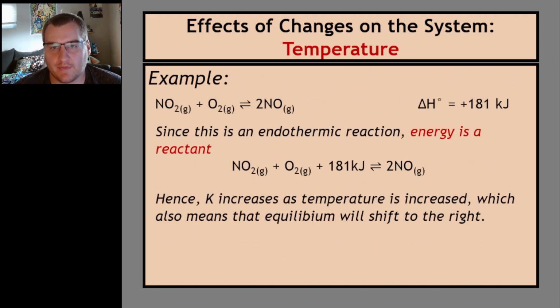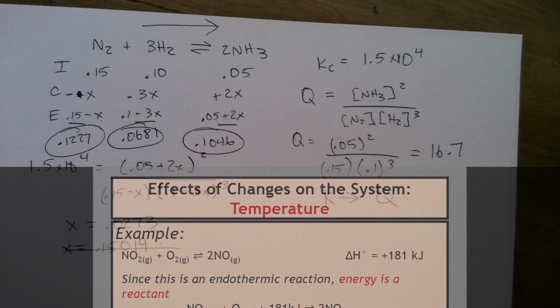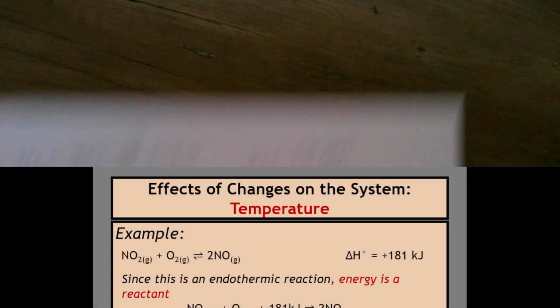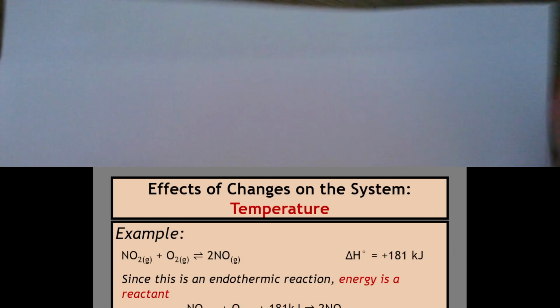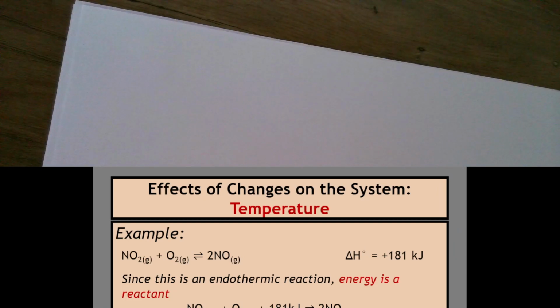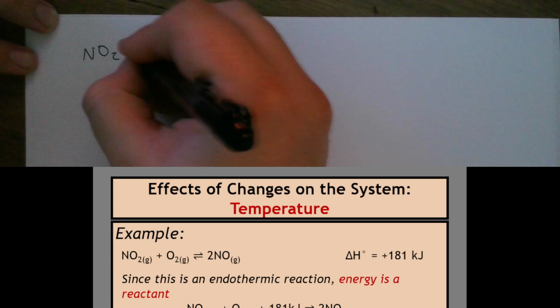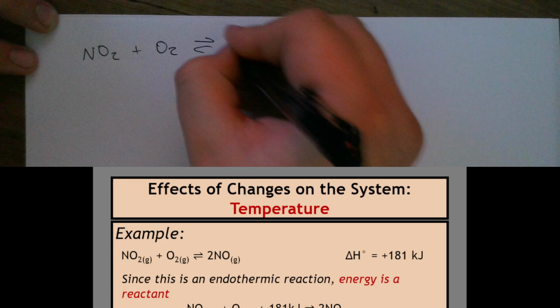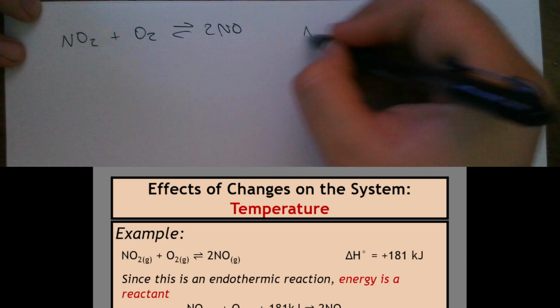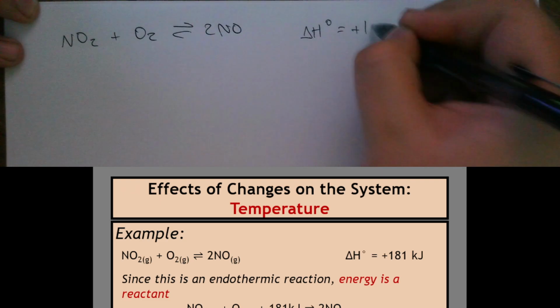Let's look at this example. I have NO2 gas, oxygen gas, NO gas, all of them gases, and my enthalpy is positive. Let's talk about how I would work this out. NO2 plus O2 gives 2NO, enthalpy positive 181.